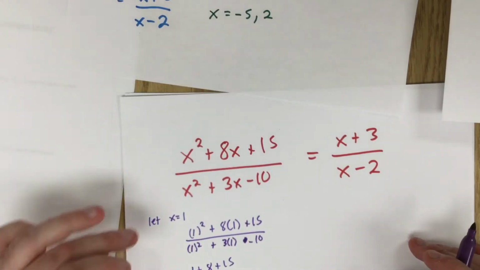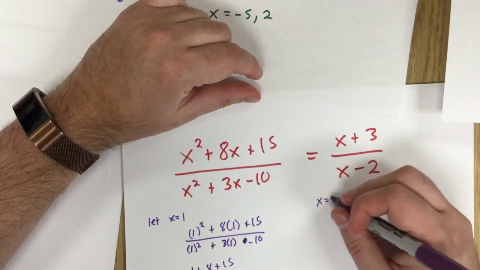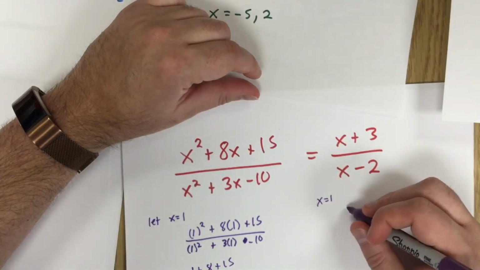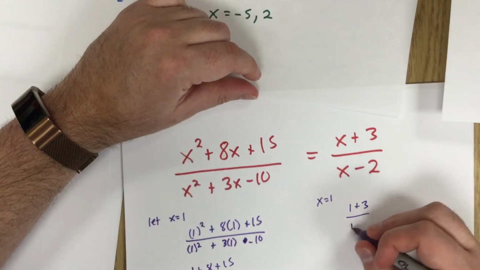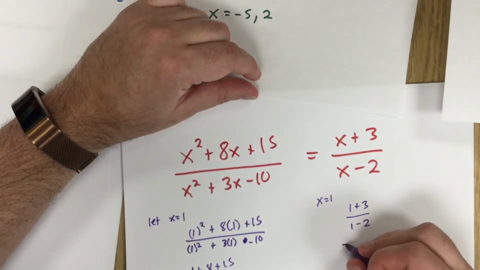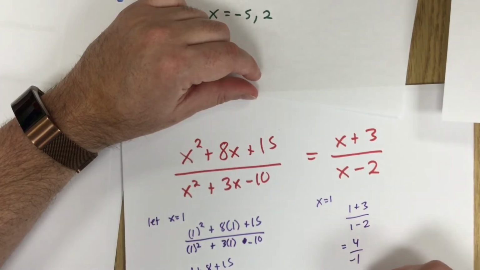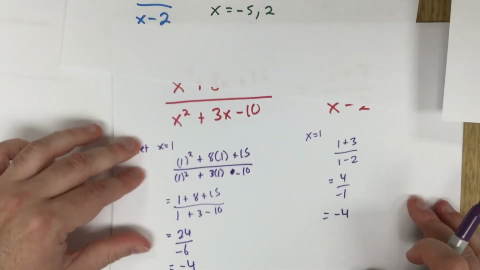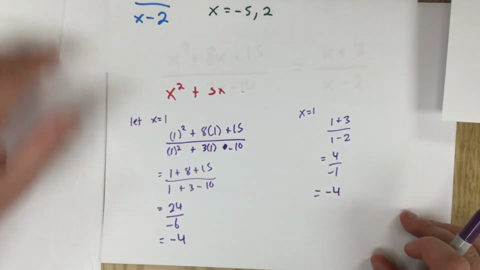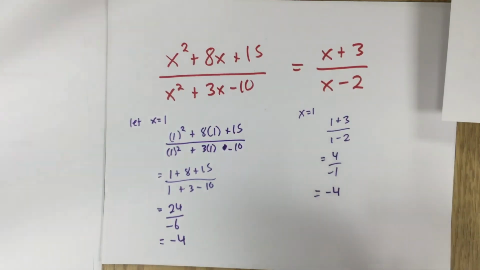So if x is 1, this side is going to be negative 4. And if x is 1 over here, then we get 1 plus 3 over 1 minus 2, which is 4 over negative 1, which is negative 4. So if x is 1, these two expressions are in fact equivalent.